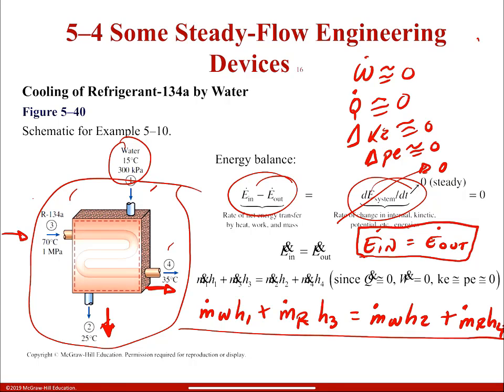If you want to develop this equation a little bit more, you could also say that the mass flow rate of the water multiplied by H1 minus H2 is equal to the mass flow rate of the refrigerant multiplied by H4 minus H3. I'm just simplifying the equation more. And the more information or data you have, the easier it's going to be for you.